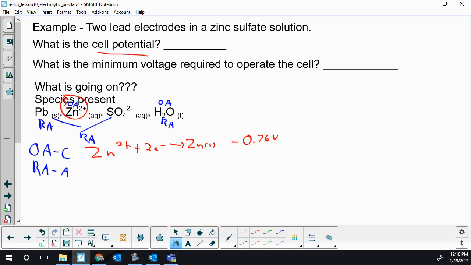So the lowest one down was this pairing, solid lead plus SO4 2-. And that cell potential is minus 0.36 volts.